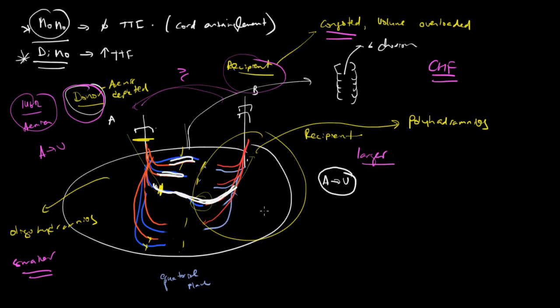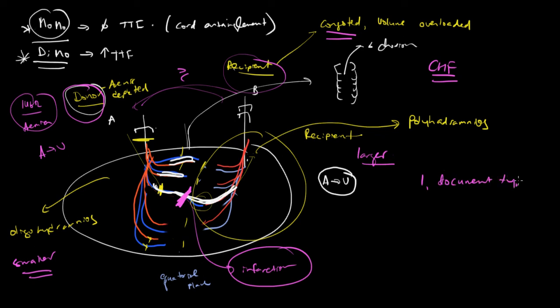And clinically sometimes they'll actually go in and try and identify the anastomosis and do laser coagulation, and one could find an area of infarction. So the job of the pathologist, because that's sort of what our focus is, one, is to document the type and extent of anastomosis.